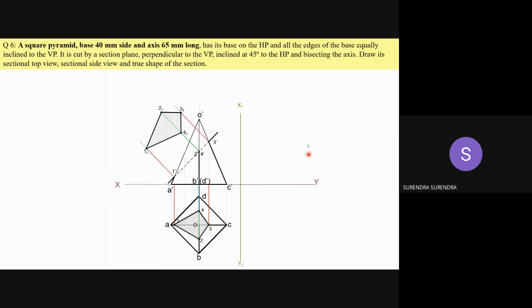And from top view, project any point. Last class, I showed the mistake in the projections of lines. If any of you still have doubts about how to draw the projection from top view to side view or side view to top view, draw the projection to the X1 Y1 line.